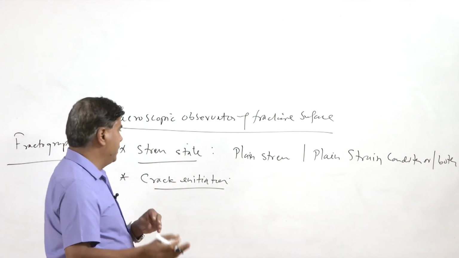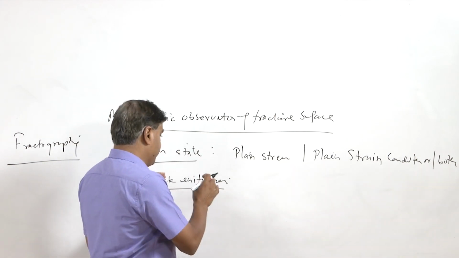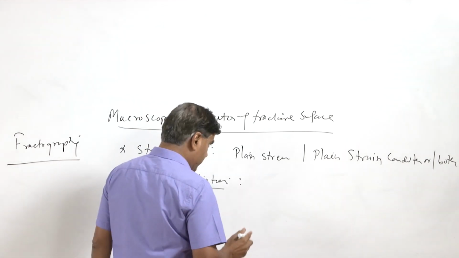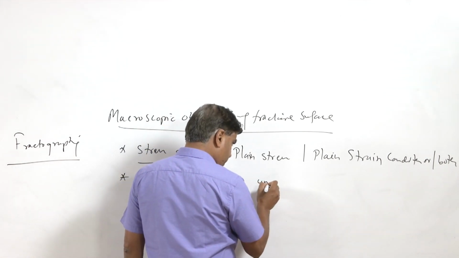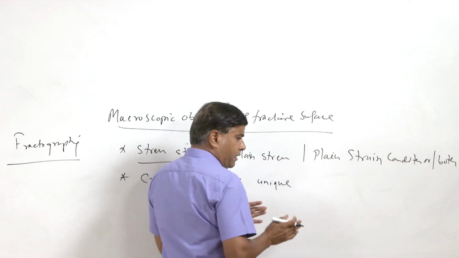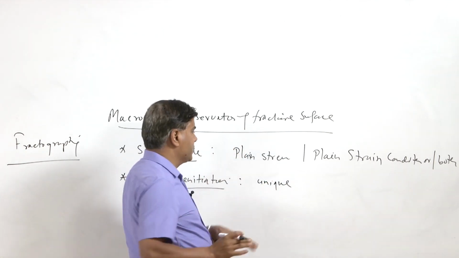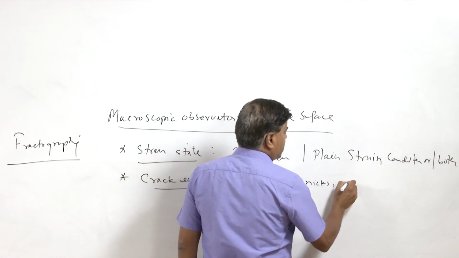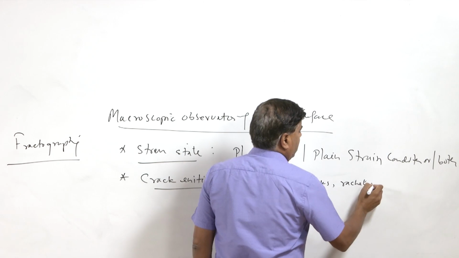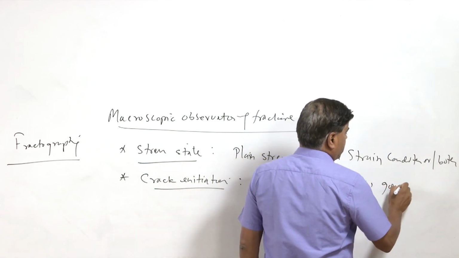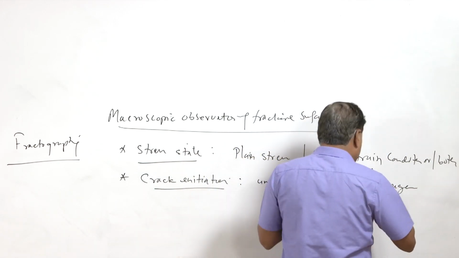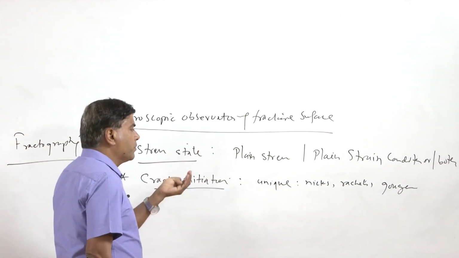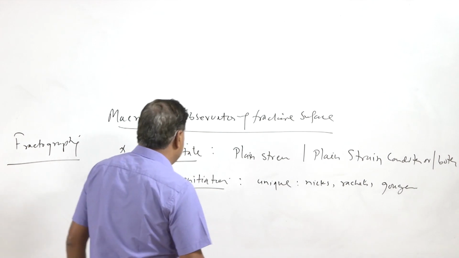That can be identified through the various features present on the fracture surface, and these features are unique as compared to the remaining fracture surface, which may be in terms of nicks, ratchets, and gouges, and likewise. We will be able to see this uniqueness at the location where the fracture has initiated.